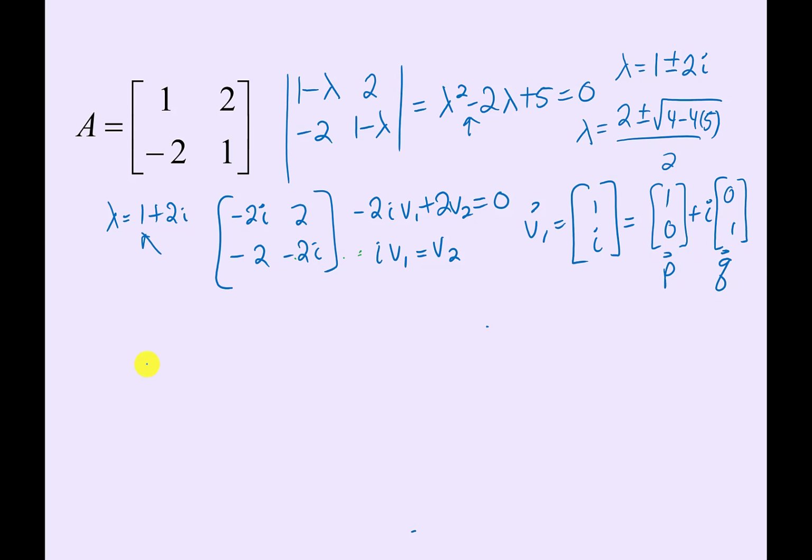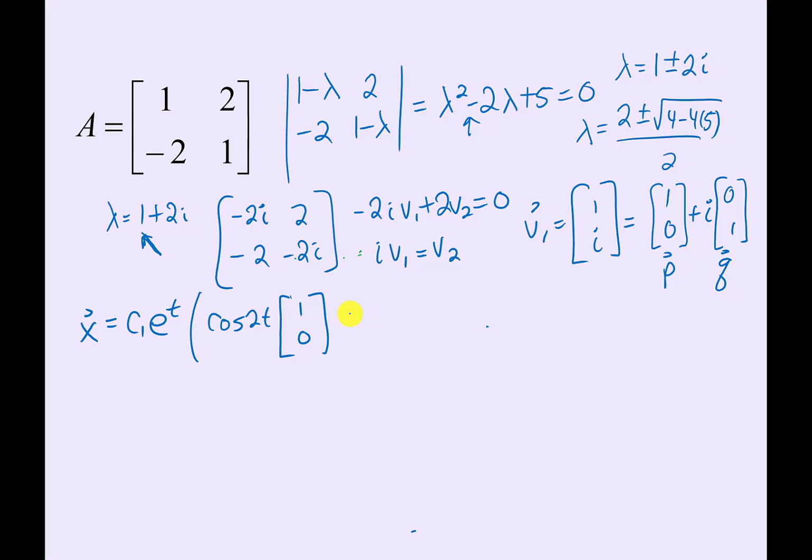Okay, now let's go ahead and build the solution then. The solution is going to come from the real part and the imaginary part there, combined in a linear combination. So we're going to have C1 e to the real part of the eigenvalue is 1, so just t, and that's going to be multiplied by the real part, which would be cosine, our beta is 2t, and then I need to multiply that by the real part of the eigenvector.